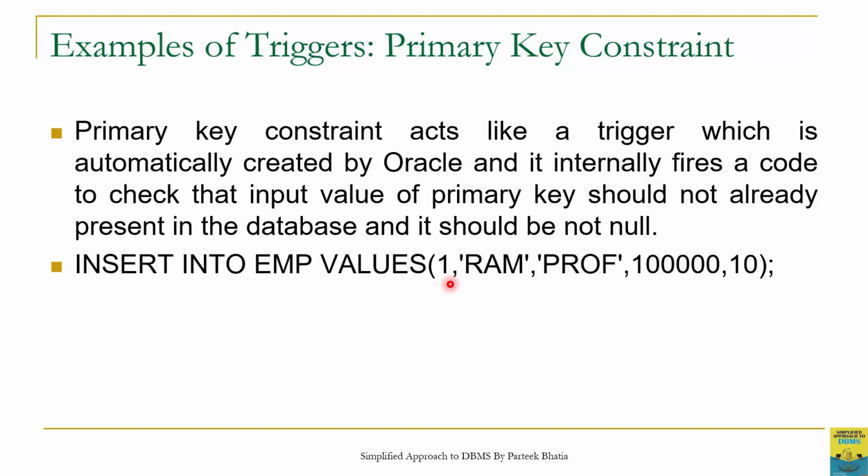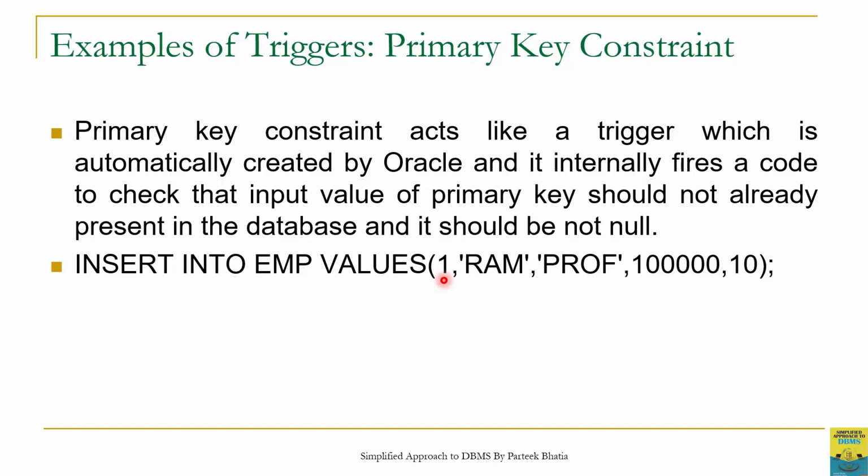So when we issue this insert statement, Oracle internally performs two checks. One, Oracle ensures that this E number should not be null. In this case, this is 1, so it clears that particular condition. The second task performed by Oracle is to check the uniqueness of this column E number.